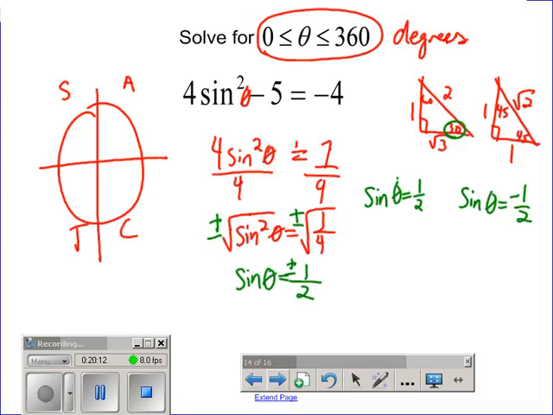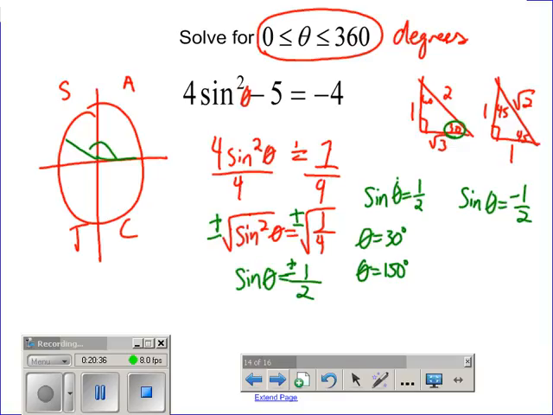Okay, so theta in this one is going to be 30 degrees. But where else is sine positive 1/2? You've got to remember that this angle also is positive. Okay, so the reference is 30, so 30 degrees away from 180 is 150 degrees.